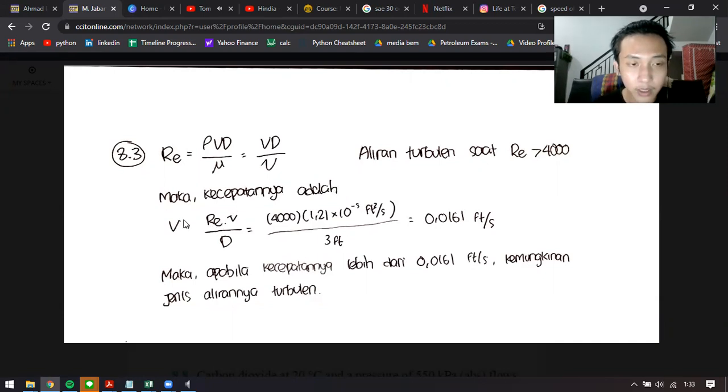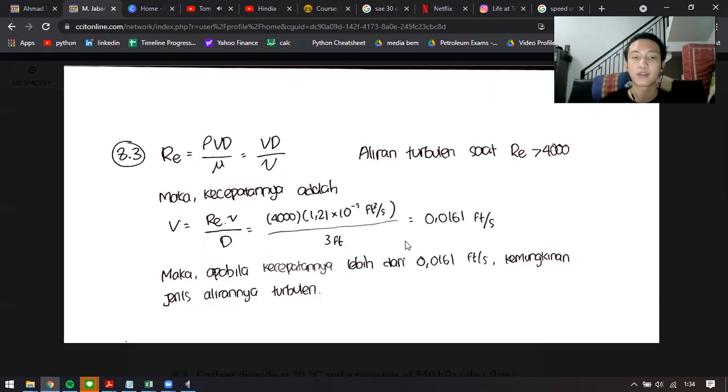Moving on from that, we can calculate the velocity: Reynolds number times kinematic viscosity per the diameter of the pipe. So 4,000 times 1.21 times 10 to the power of minus 5 feet squared per second per 3 feet equals 0.0161 feet per second.